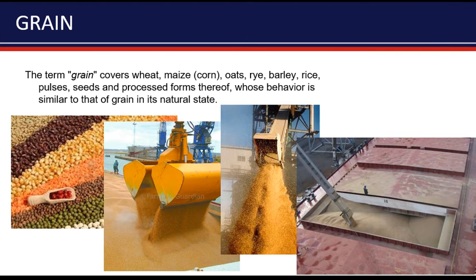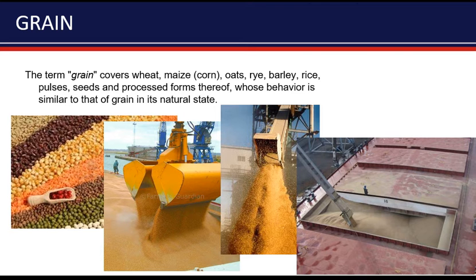Grain is a general term used for multiple kinds of organic products which are used for harvesting, for breeding cattle and to feed humans.